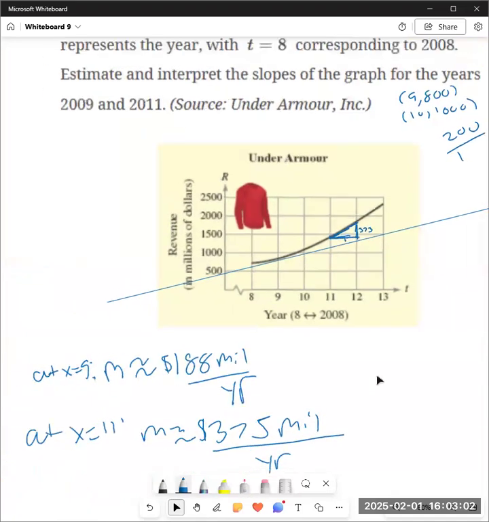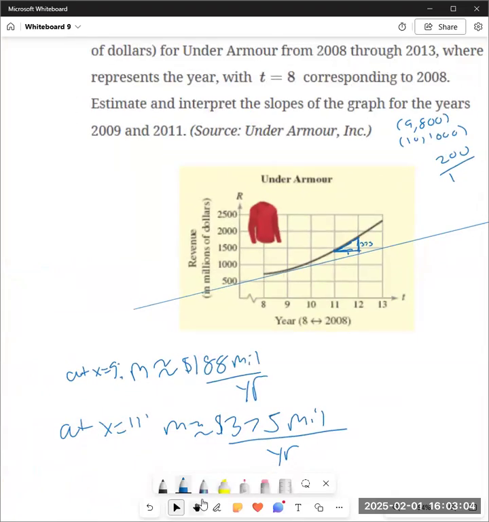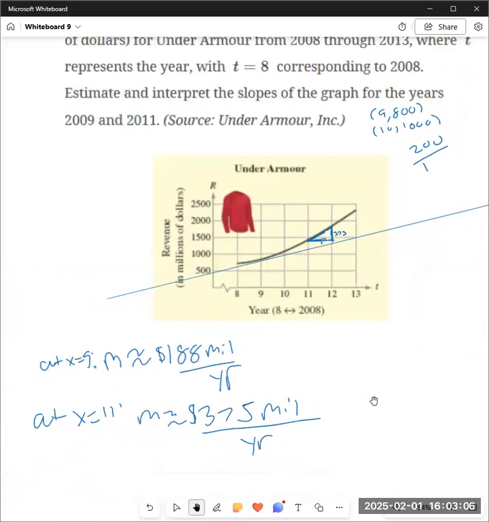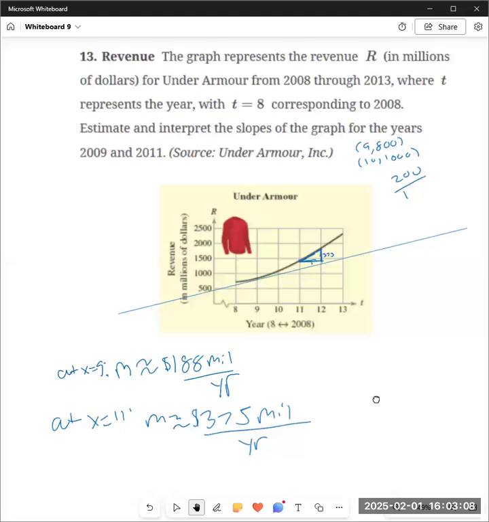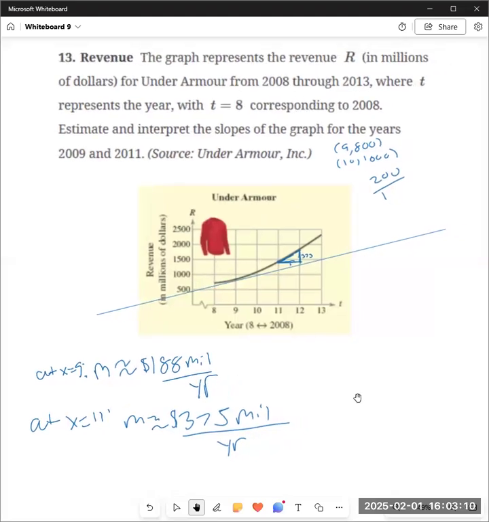That is probably one of the most challenging problems that you're going to have to do in this entire section. Because you don't have any formula and you just have to eyeball it, and they want you to get really accurate results. So get a magnifying glass if you need to, something that you can zoom in with the computer, do the best that you can.